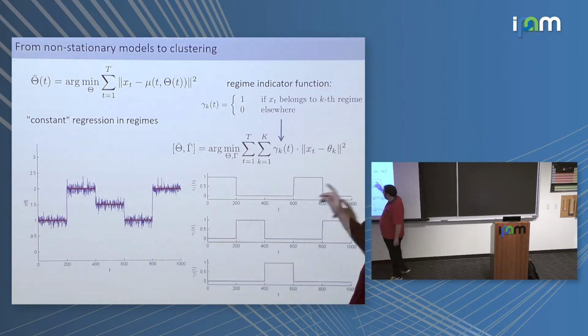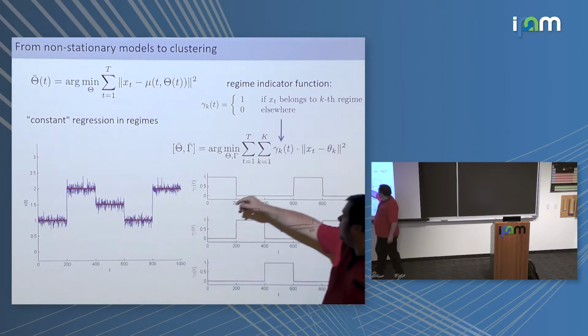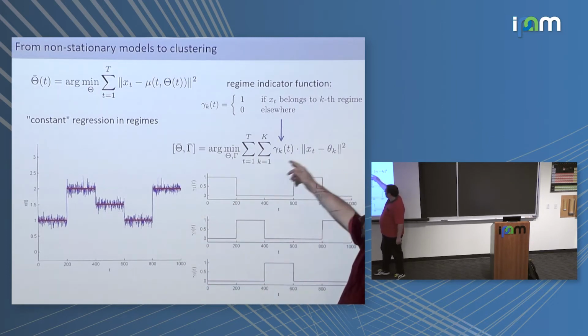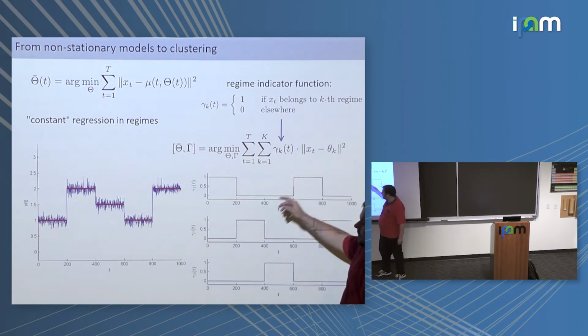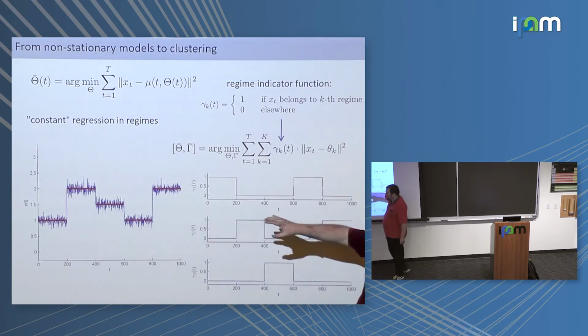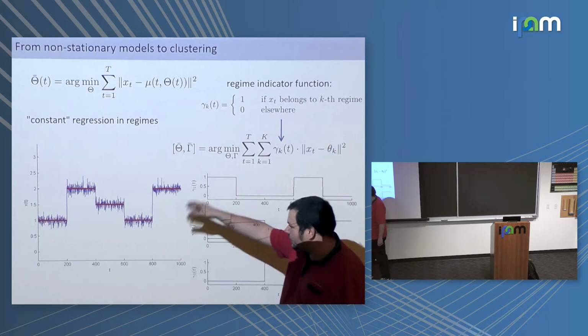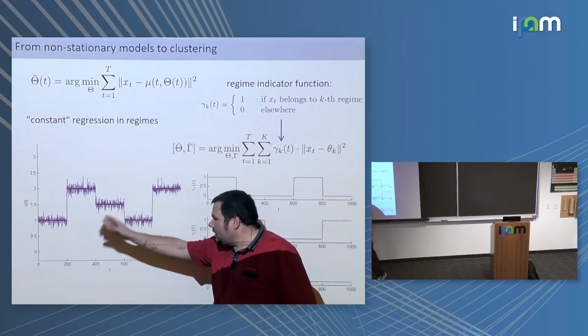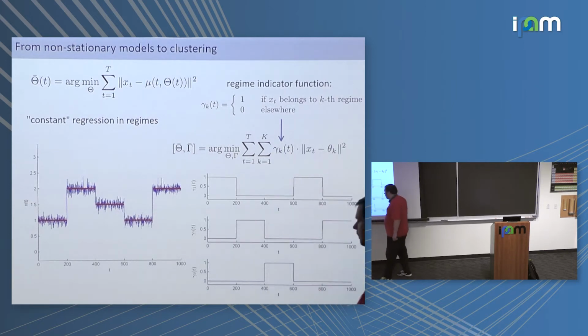So actually what we are trying to solve is this optimization problem where gamma is binary, and there is also an additional constraint that only one cluster is active in each time step, and also another set of parameters are the parameters of the local models on the regimes. So we are trying to solve both the clustering problem, the problem of finding regimes, and the local modeling in one optimization problem.